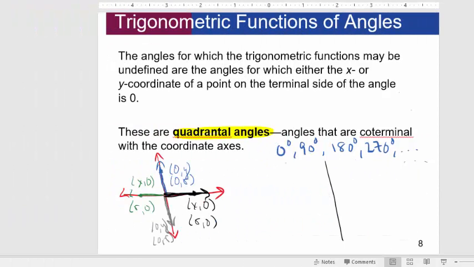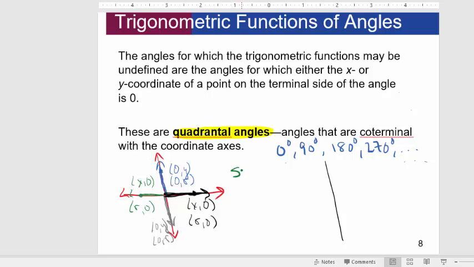We looked at 0 and 90 degrees, and the thing to keep in mind is there were no negative values involved. So once we get into 180 and 270, now we're going to have some negative values involved. When we're dealing with 180 degrees, remember x is going to be a negative value.